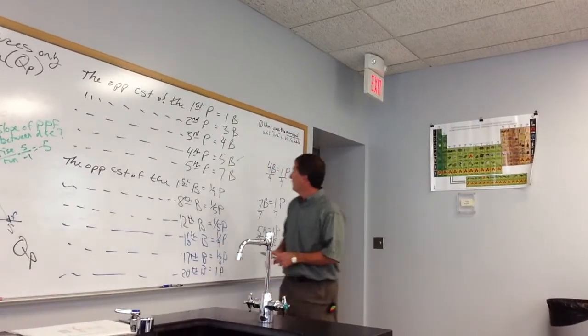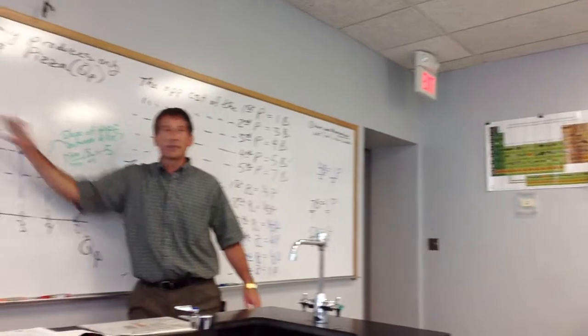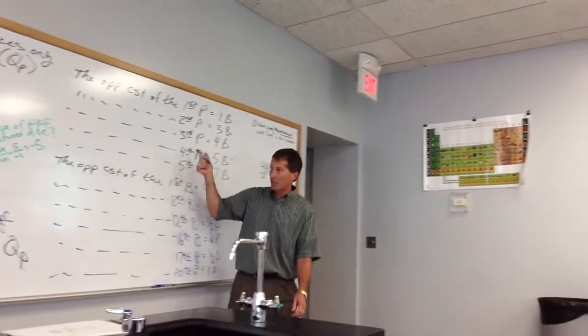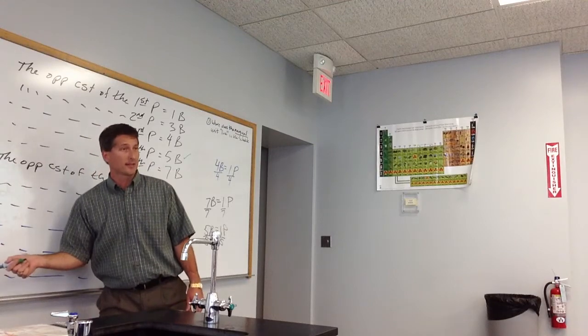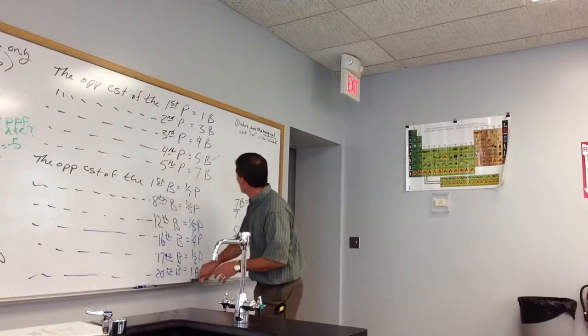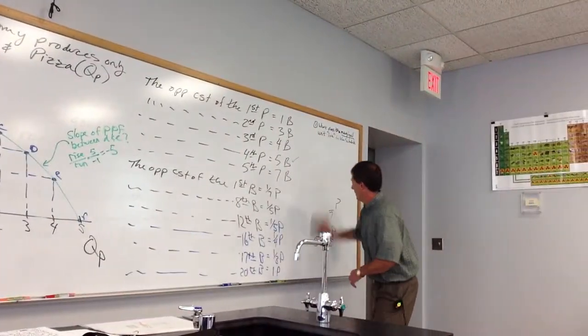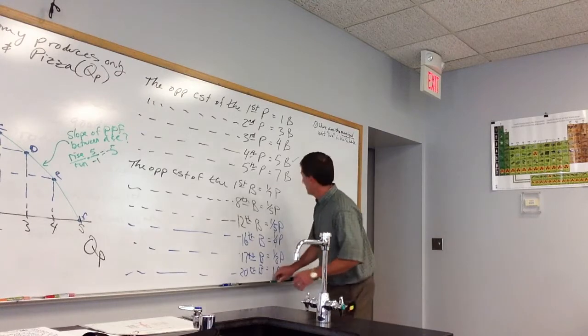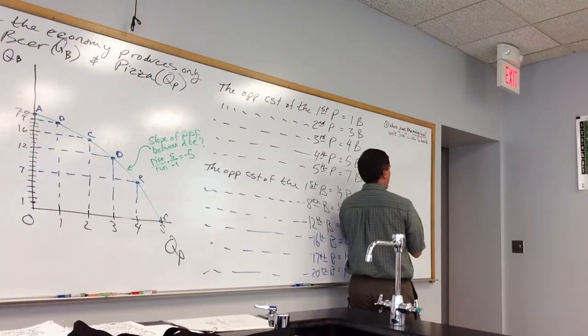So in general, the slope of the production possibilities frontier is equal to the opportunity cost of whatever you're measuring on the horizontal axis. And that's a check you might use as you're working through a problem. So let me just put that note here. That's the connection between the slope and opportunity cost.